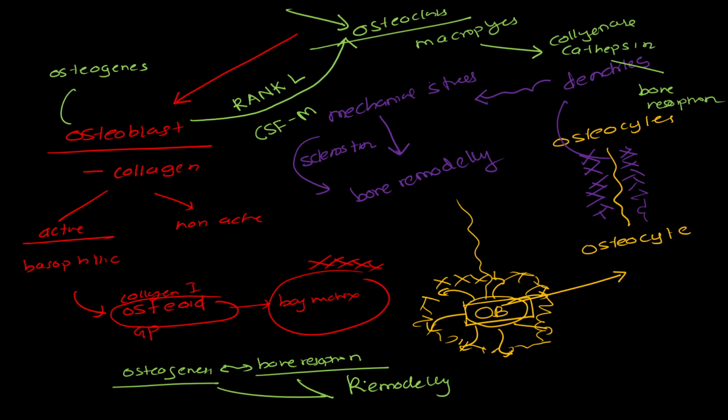But what you would see is that there is bone resorption. The old bone is broken down or dissolved by means of osteoclasts, and the osteoblasts present within the particular area will start producing new cells to replace them. So this goes on in a cyclic manner.